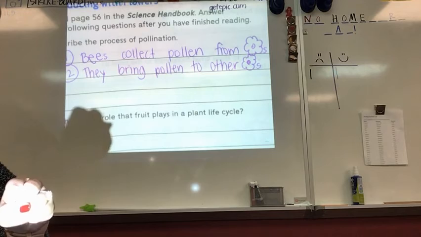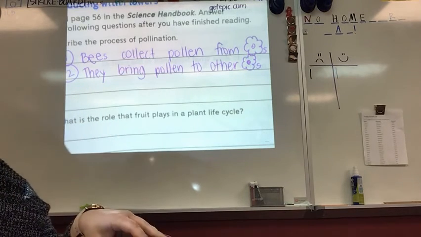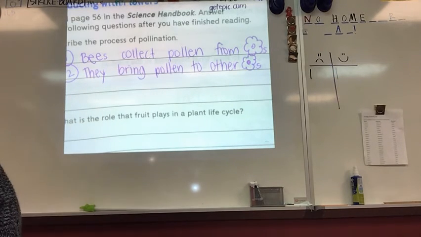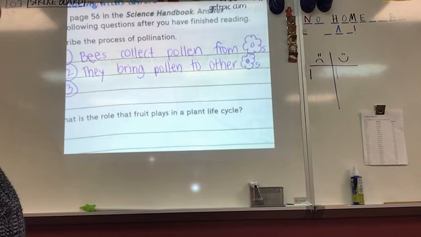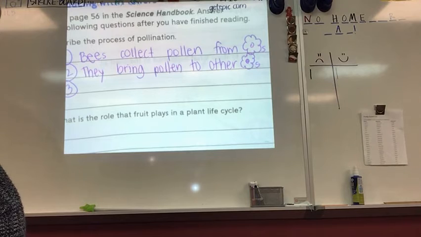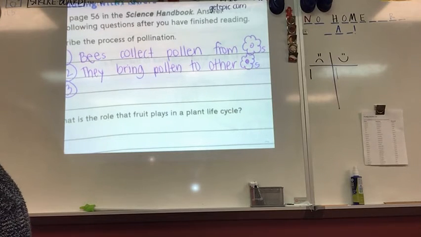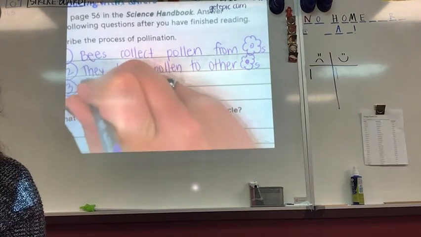All right, they collect pollen from some flowers, and then they drop it off at another. And what starts to grow? What starts to happen when they bring it to another flower? Riley. Specifically, what starts to grow? If you read the section with the bees hovering on the flowers, it says they carry pollen to eggs in an adult tree and seeds form.